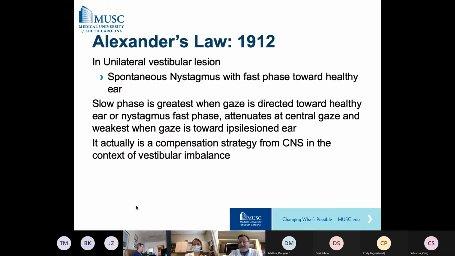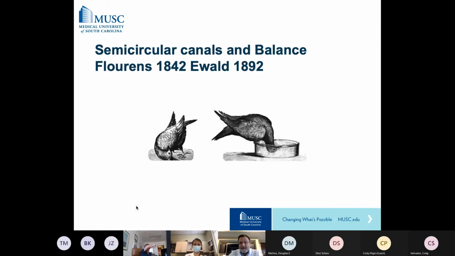The slow phase is greatest when the gaze is directed toward the healthy ear, or the quick phase of the nystagmus, and gets less when you look at central gaze, and weakest when the gaze is turned toward the ipsilesional ear. That's one of the mechanisms of the central nervous system to reduce the imbalance between the two sides. So it's a compensation strategy that kicks in early on when a patient presents with a neuronitis.